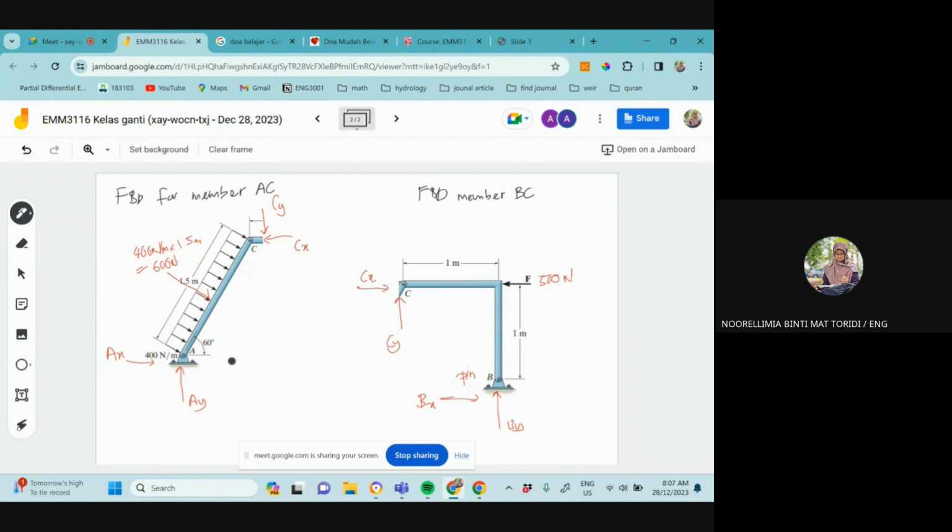Berapa force yang kita tak tahu value dia? 3 ke?